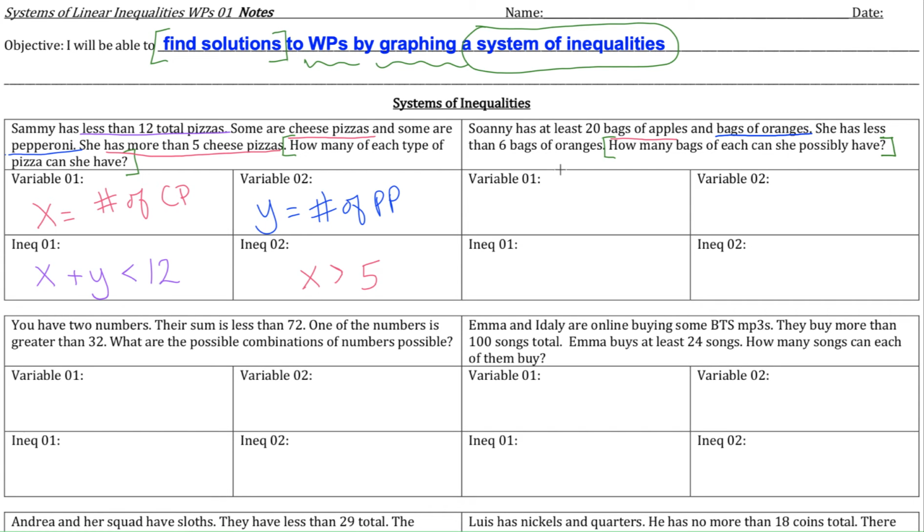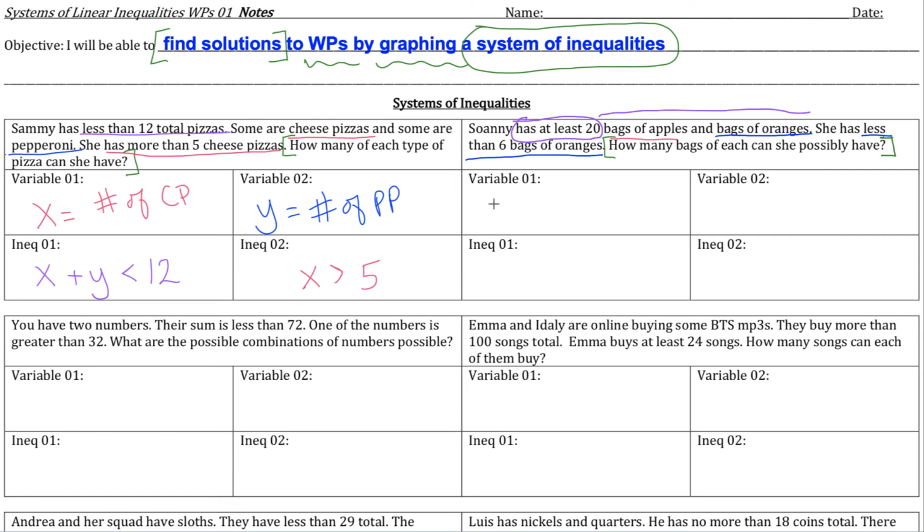And it says she has less than 6 bags of oranges, so I'll stay in blue. And we have a total right here. She has at least 20 total. So how many bags of each?